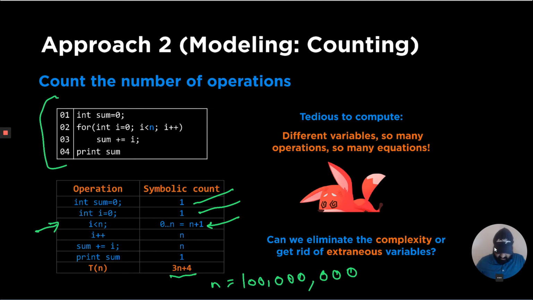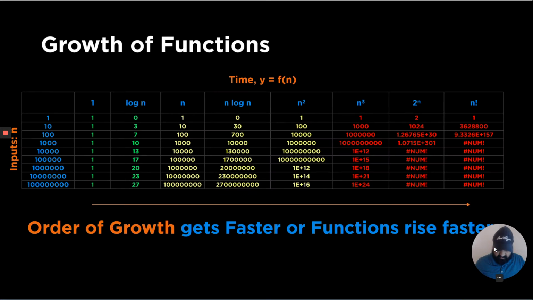In this case, what would be the total time of execution of the program? It would be something around 300 million plus 4. So we can say that this 4 is so minuscule that we can ignore all these lower order terms. And that gave rise to this third approach that we are going to discuss today, which is asymptotic analysis.